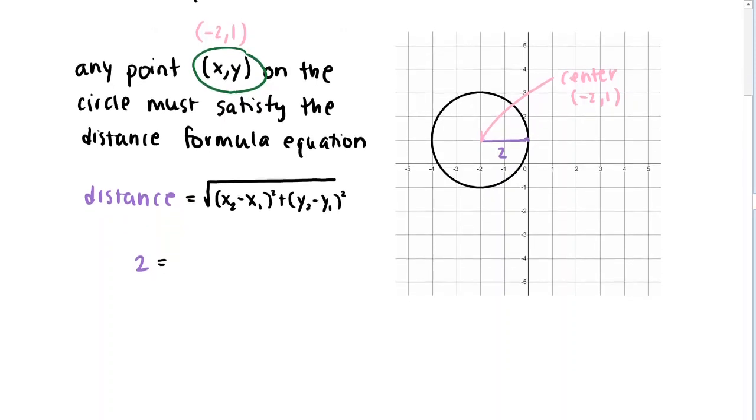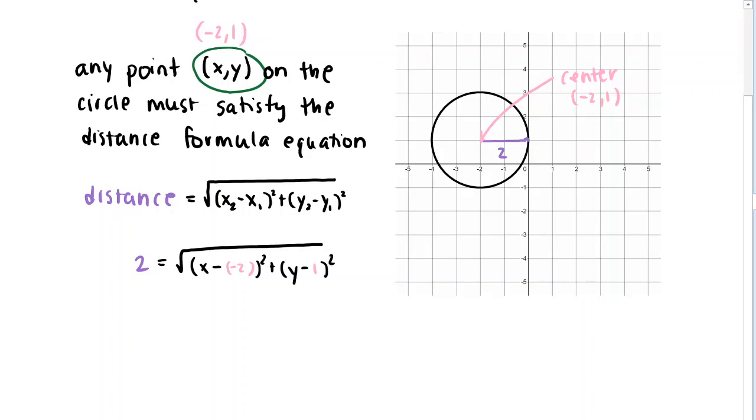So it should satisfy this equation: the distance 2 is equal to the square root of (x minus -2) squared plus (y minus 1) squared.